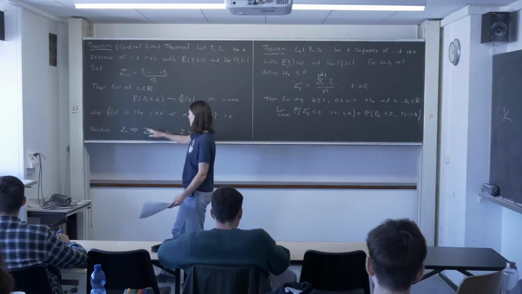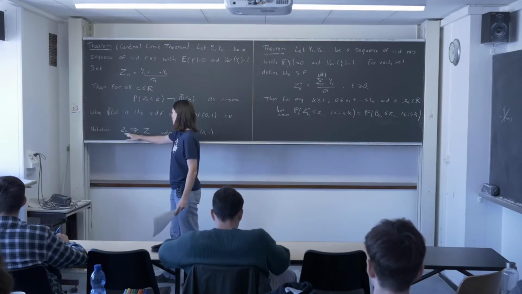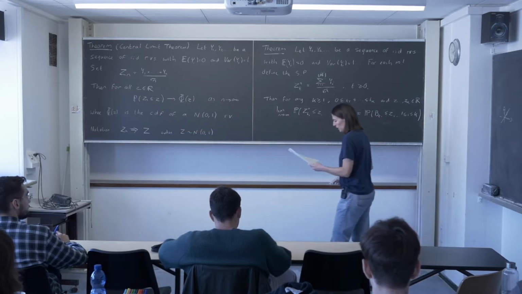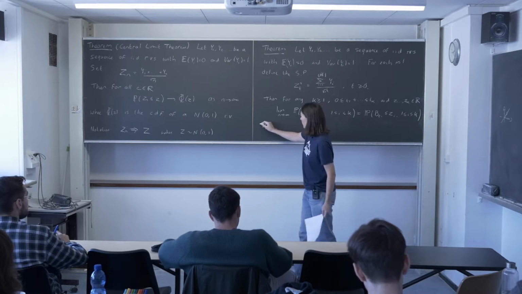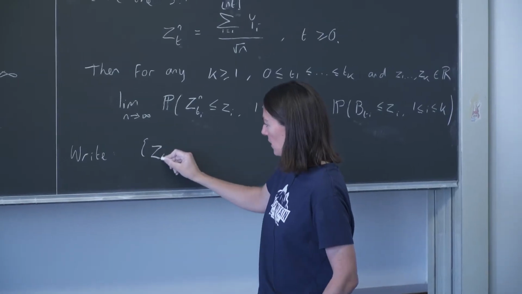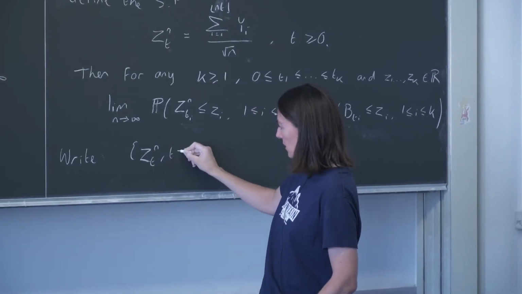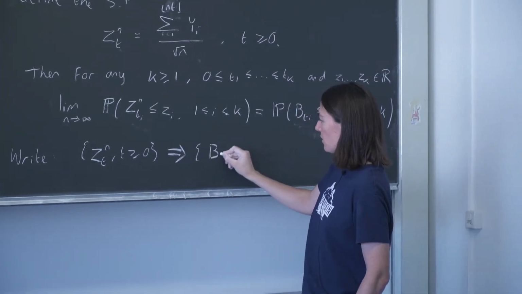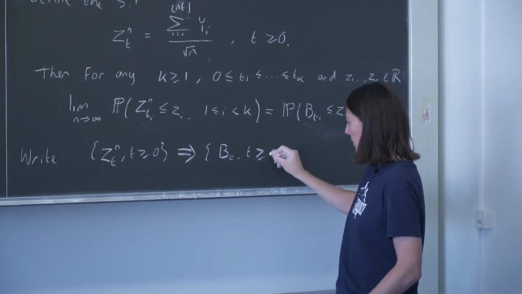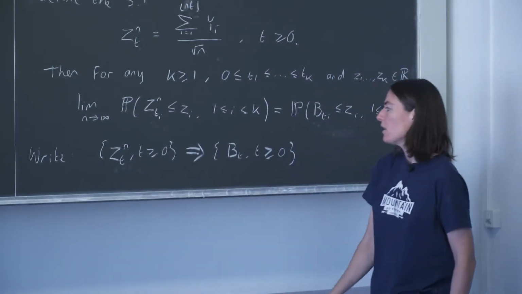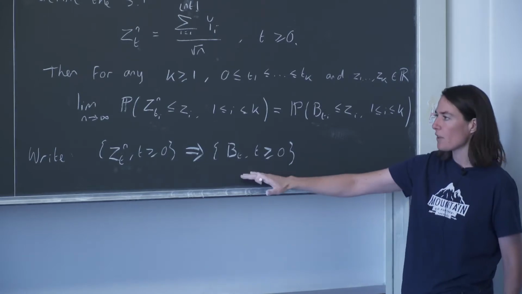Okay, and the notation that I sometimes use for convergence in distribution is the double-headed arrow. So the central limit theorem can be thought of as saying Zn converges in distribution to Z. In this case here, we can write (Ztn), t greater than or equal to 0, converges in distribution to (Bt), t greater than or equal to 0. So what we mean here is the finite dimensional distributions of this process converge to the finite dimensional distributions of this process.